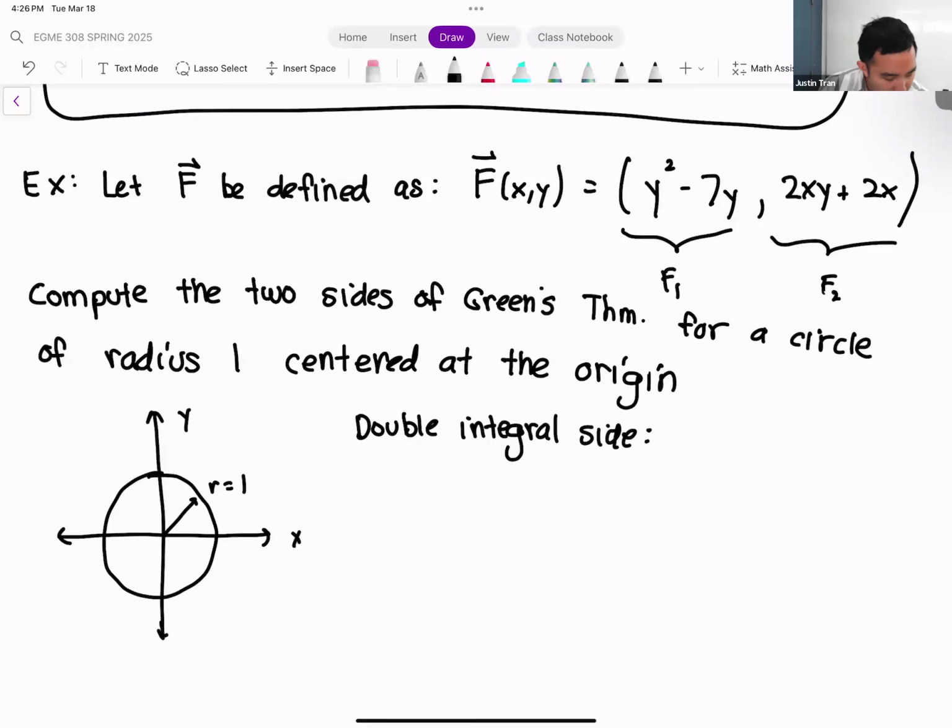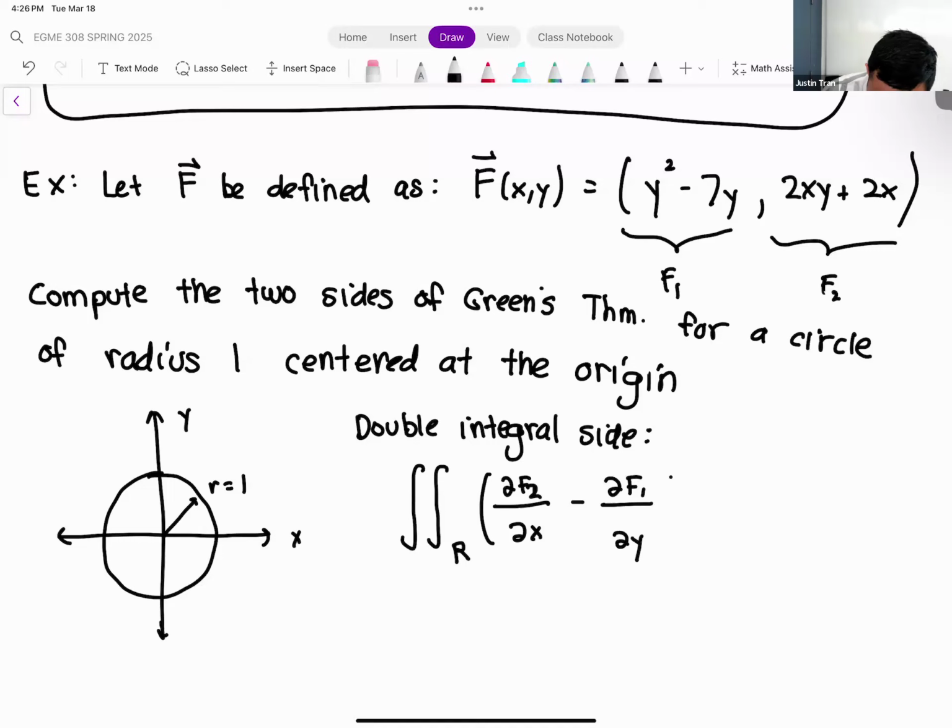And so our double integral side is going to be the double integral around the region R of partial F2, partial x, minus partial F1, partial y, dx, dy. And we need to do that for our region R.